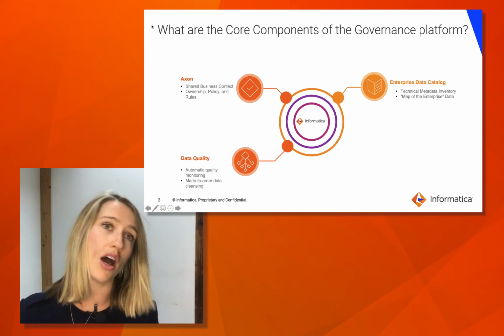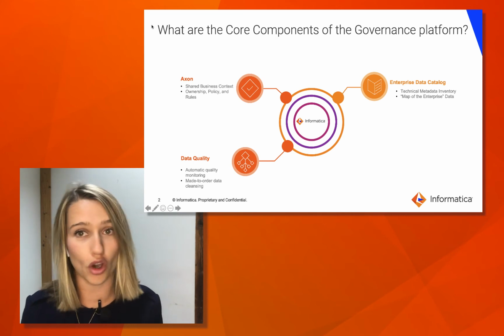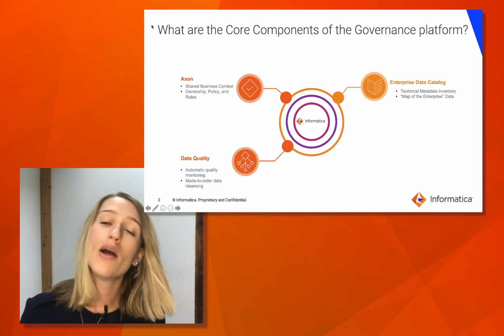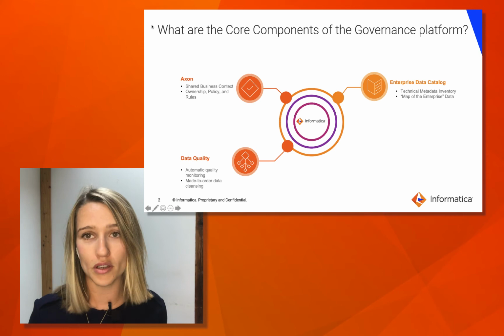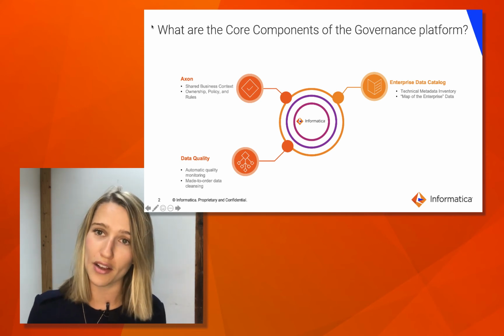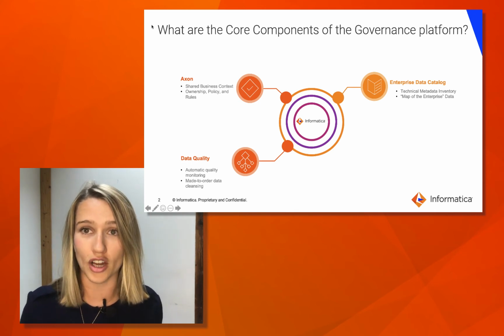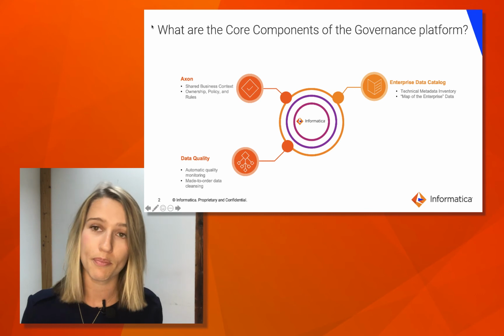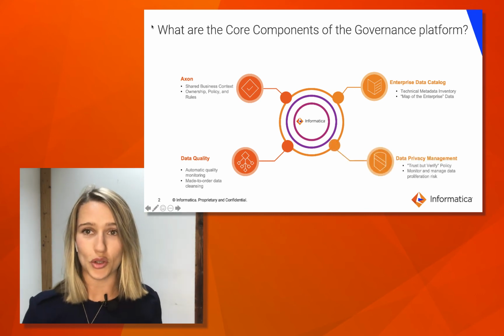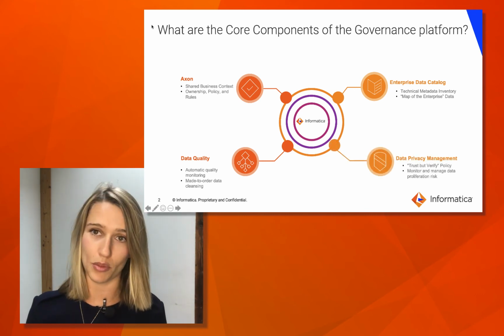So think about that lineage that we derived earlier that we got from EDC and brought into Axon. Why don't we overlay data quality results onto lineage in Axon so we can see the full picture of how data quality progresses across a lineage diagram? That's a powerful thing.